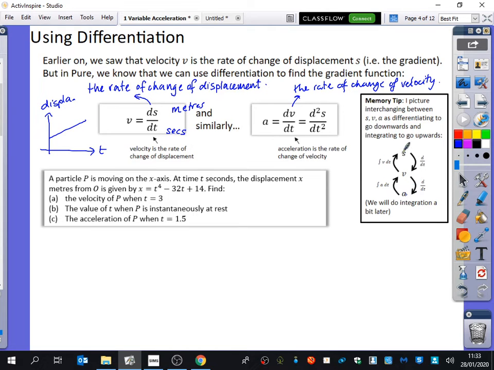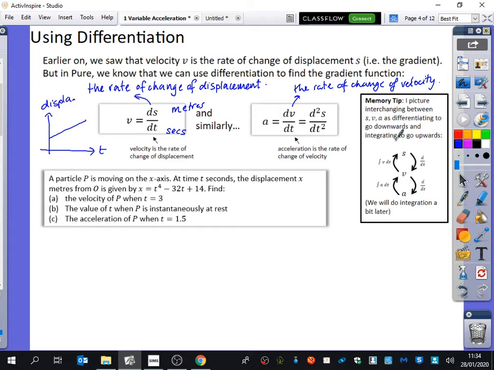To go from S to V, you differentiate. And to go from V to A, you differentiate. I also remember that differentiation goes down in that little diagram, and integration is going up or increasing. We'll use this a little bit more in a second.